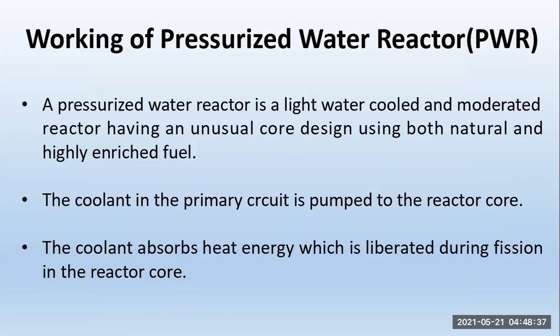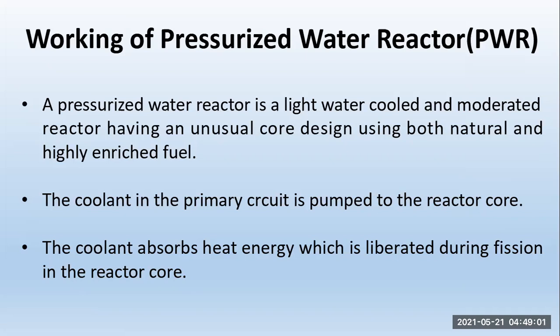Working of the pressurized water reactor. A pressurized water reactor is a light water cooled and moderated reactor having an usual core design using both natural and highly enriched fuel. The coolant in the primary circuit is pumped to the reactor core.